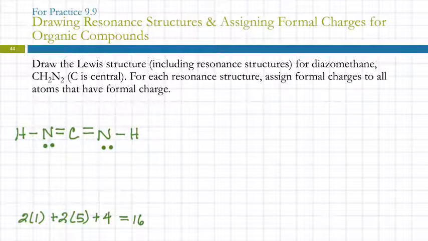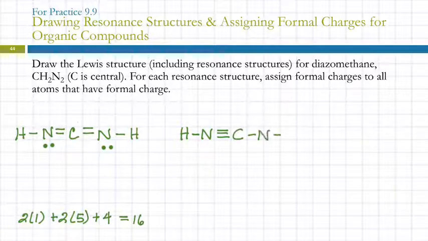But it says including resonance structures. Well, we've got these bonds in here, but we saw one earlier where we put a triple on one and a single on the other. And so we can do that here as well. Do hydrogen, nitrogen, we do a triple bond with the carbon, a single bond with the other nitrogen.